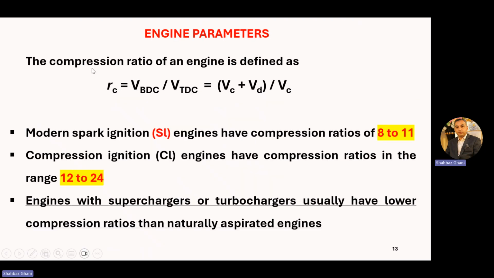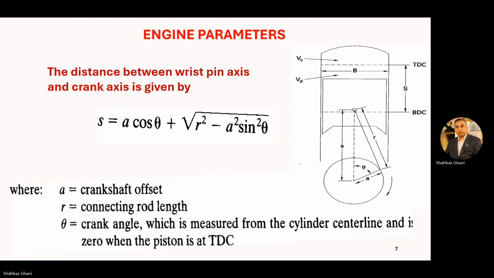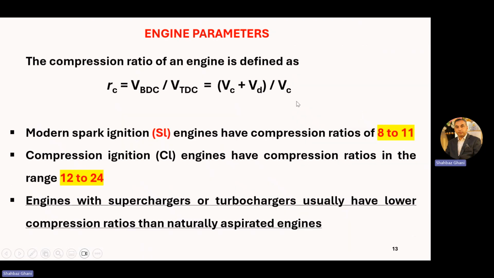Now, the compression ratio of an engine is defined. This RC is different from this R. Remember this. This R is the length of the connecting rod, and this RC is your compression ratio. So these two are different.